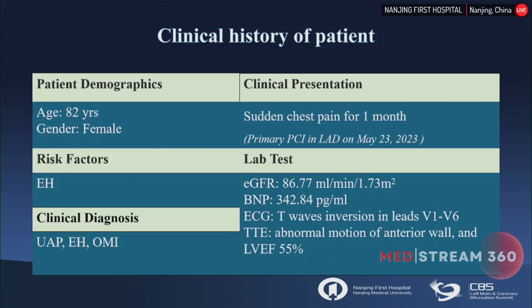Lab test at our hospital showed her renal function was almost normal. BNP was slightly elevated. ECG found T-wave inversion in leads V1 to V6. Echo found abnormal motion of anterior wall and her left ventricular ejection fraction was 55%. She was diagnosed as unstable angina or MI and essential hypertension.